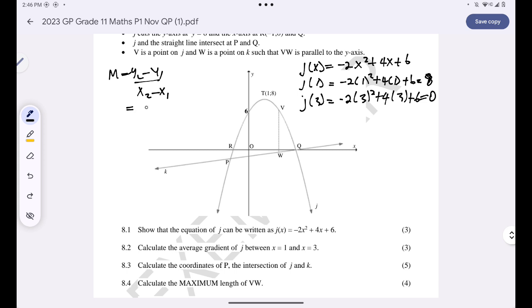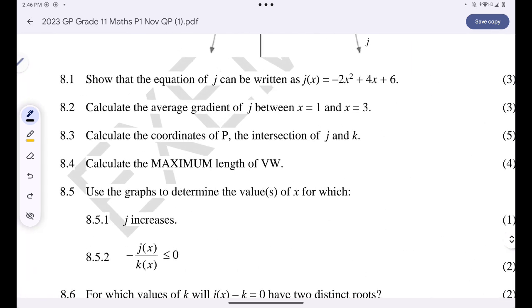Y2 is the y value when x is 3, so I'll say 0 minus 8 all over 3 minus 1. So this will give me negative 8 over 2, which is just negative 4. So the average gradient between those 2 points is just negative 4.